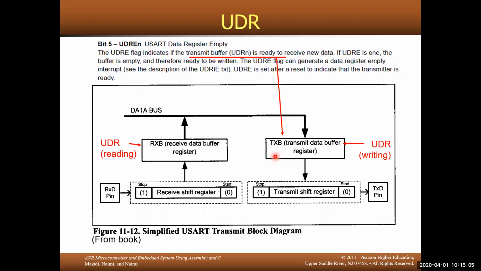If you've written something into this register, when the previous character is shifted out, the hardware will automatically load what's in the transmit data buffer register into the shift register. Then it sets this flag, data register empty, which you can either poll or tie to an interrupt. And it's up to your interrupt service routine to put the next character to be transmitted into this.